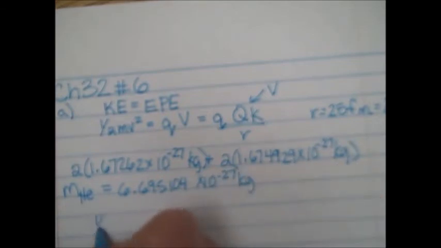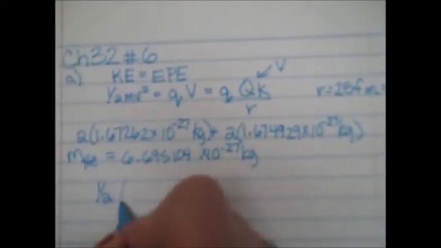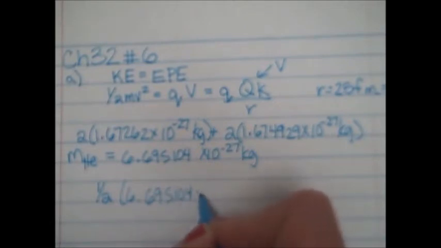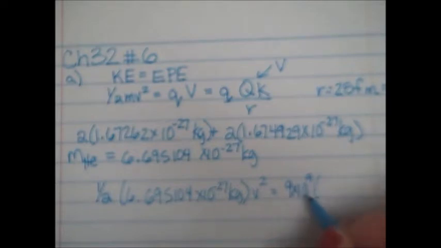So I set up 1/2 times that mass, 6.695104 times 10 to the minus 27 kilograms, times velocity squared, set that equal to k, 9 times 10 to the 9th, q1, where little q here is 2 times the charge of a proton, so 2 times 1.6 times 10 to the minus 19 coulombs.